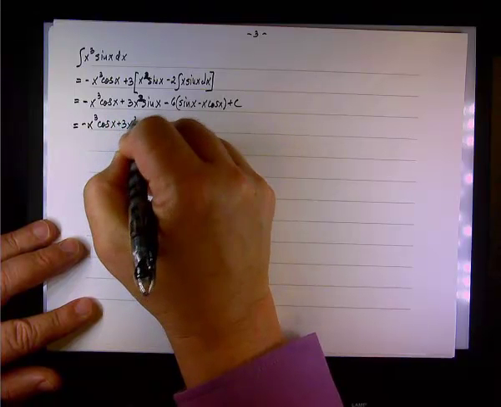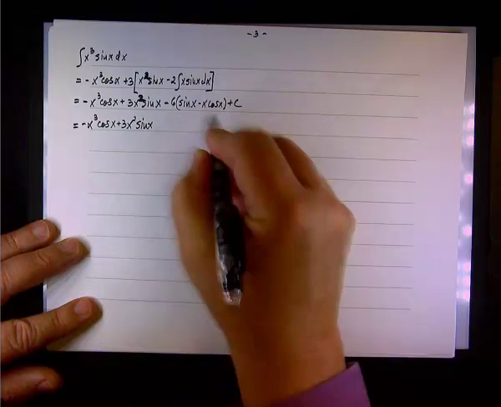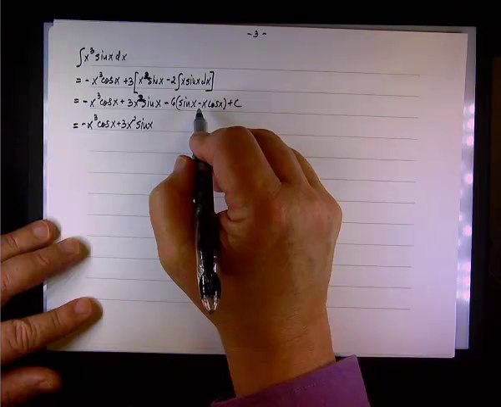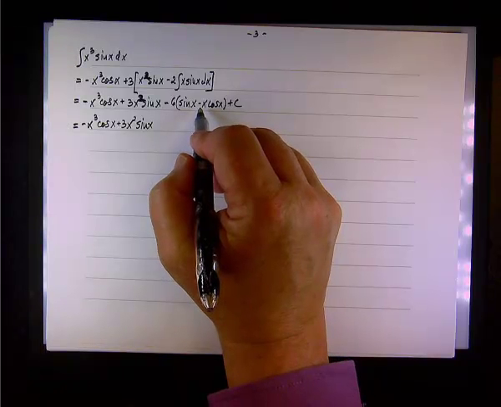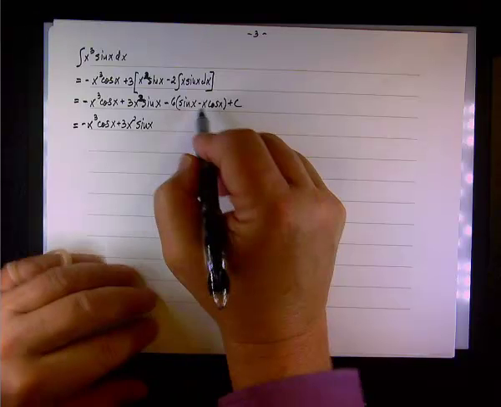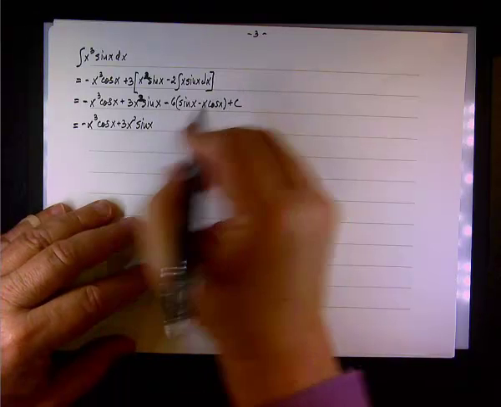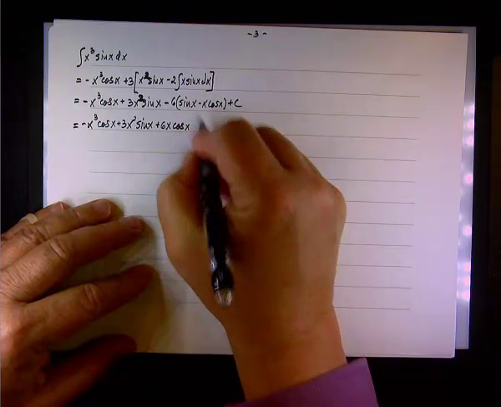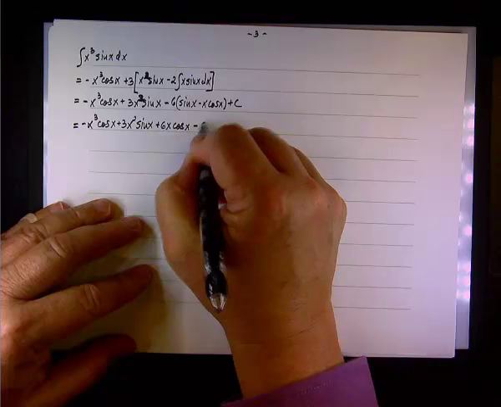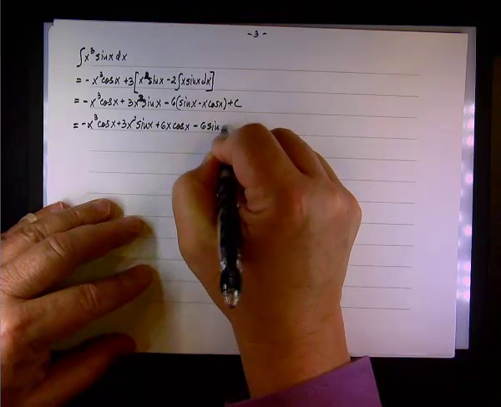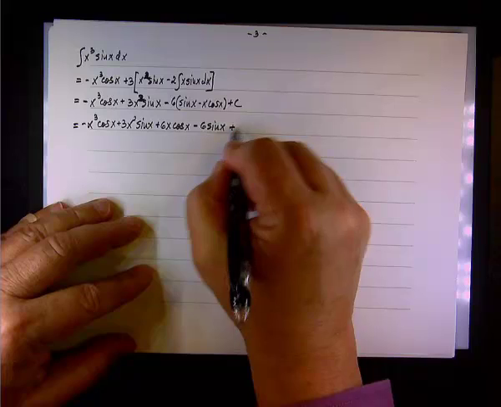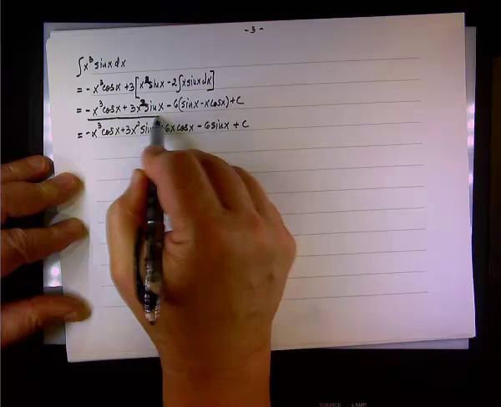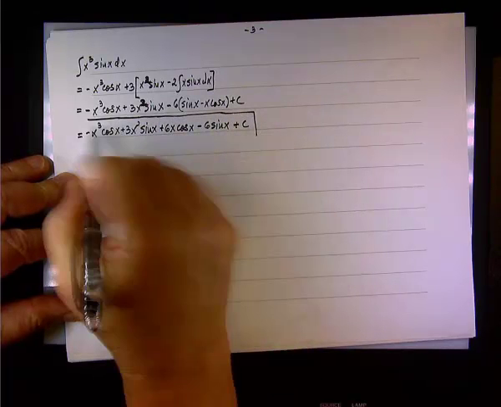Okay, so we have negative x cubed cosine x, and then plus 3x squared sine x, and here we have a double negative, so this becomes positive 6x cosine x, and finally the free component, the term without x, and that will be the answer.